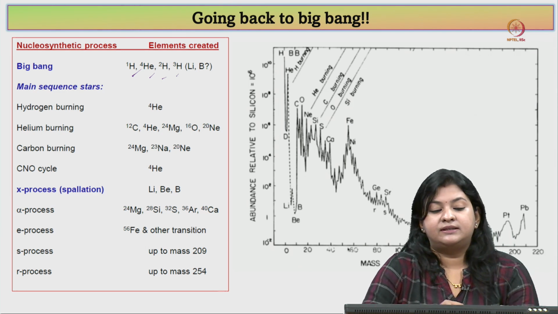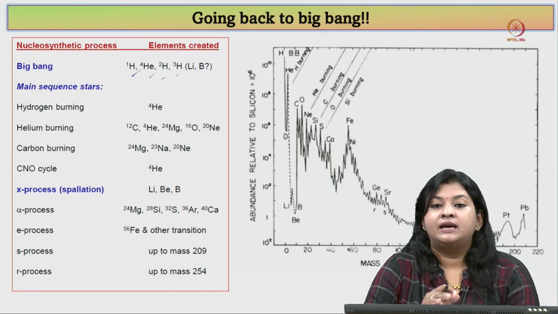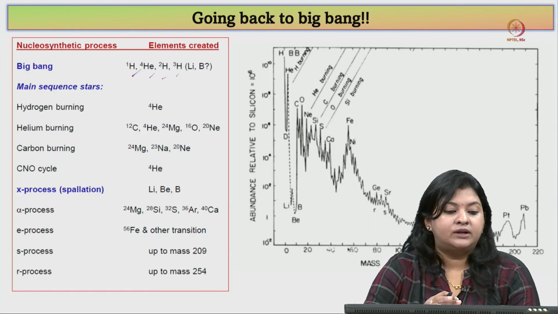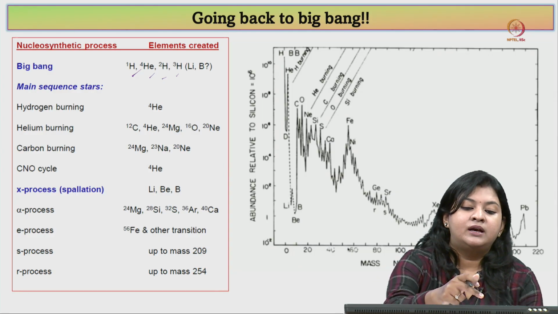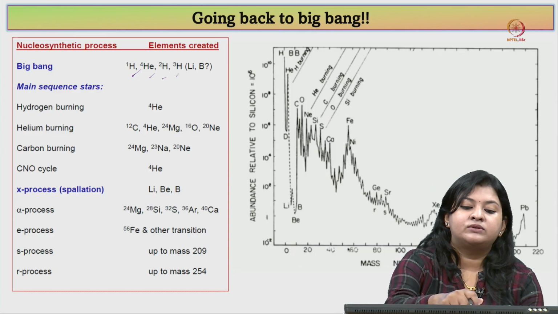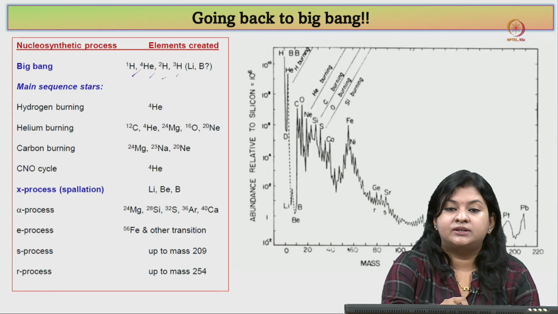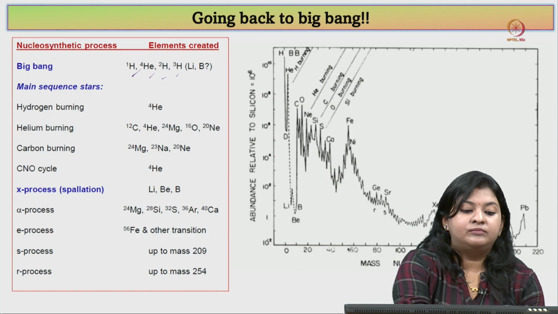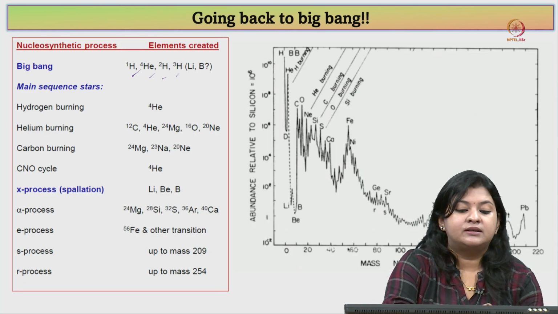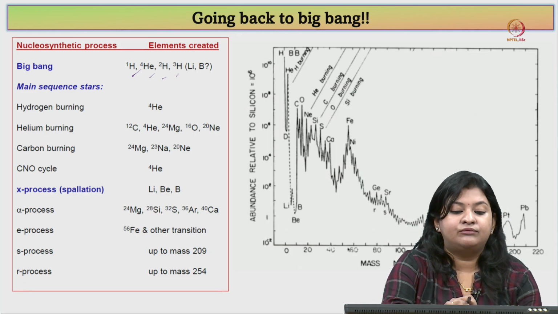The first is the hydrogen burning phase, where we get 4He as a product. Then starts the helium burning phase, where carbon, magnesium, oxygen and neon are formed. Then we have the carbon burning phase, where more elements are formed.